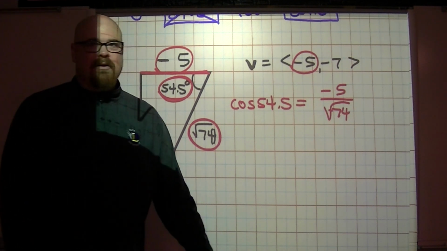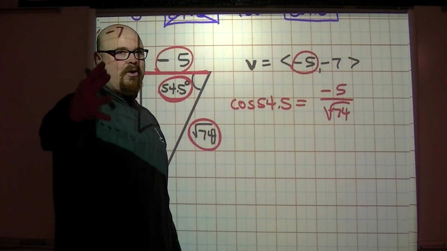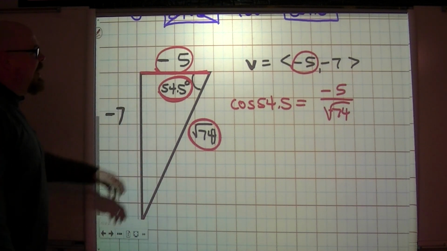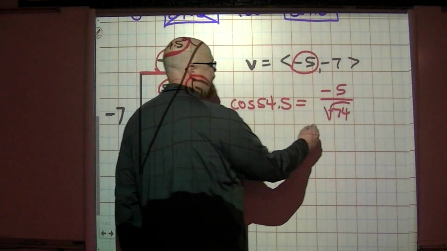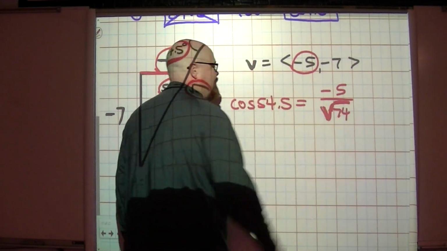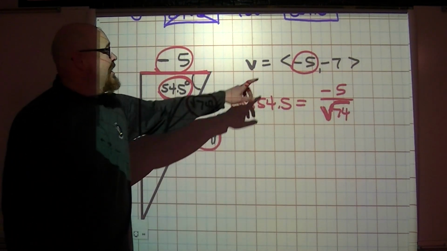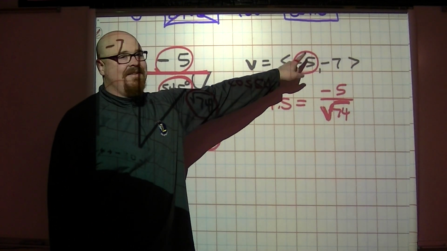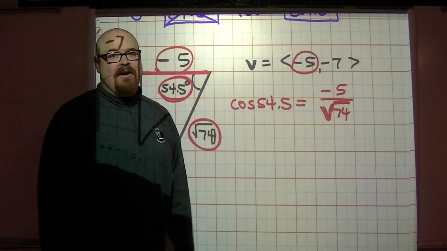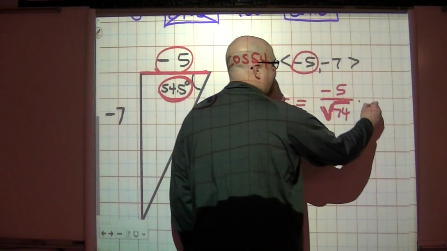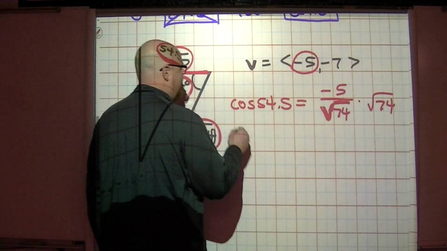All right. So anyway, hopefully you enjoyed that. Here we go. So this relationship right here represents the cosine of the angle in terms of these two sides. Now what I said from the beginning is, if you want to express just this number in terms of this angle and that number, we multiply both sides here by radical 74.